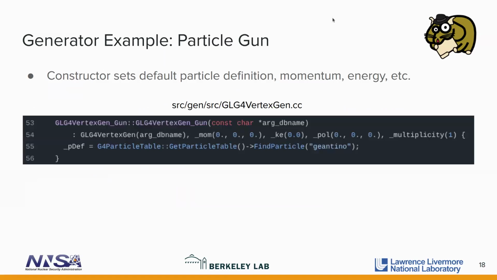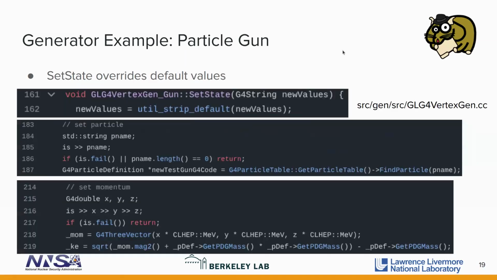So here's some example code. This is for the gun vertex generator, where, when it's constructed, it'll set some default values for the particle definition, the momentum, the energy, and everything.